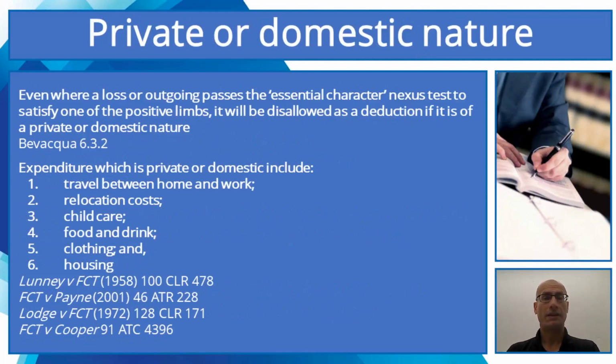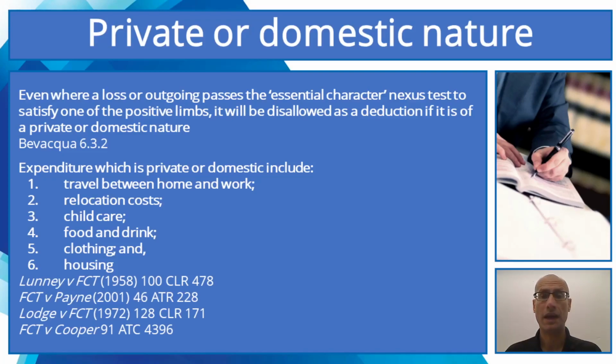Looking now at the second negative limb of 8-1, a deduction will be disallowed if it is private or domestic in nature. This test is very similar to the essential character nexus test, but it's explicitly mapped out in the section itself.